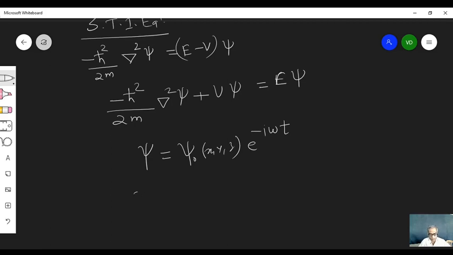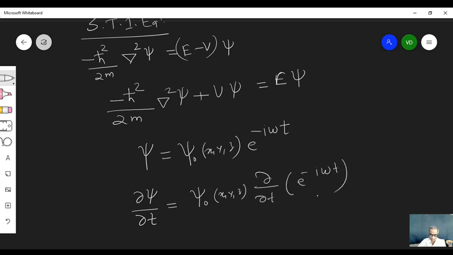Now if we differentiate this with respect to time, del psi by del t, then psi 0 is constant because it is a function of x, y, z. Remember, when we say psi 0 is constant, that means it is constant with respect to time, not with respect to x, y, z. We are just taking the differentiation with t, and therefore a partial derivative. So del by del t of exponential minus i omega t.